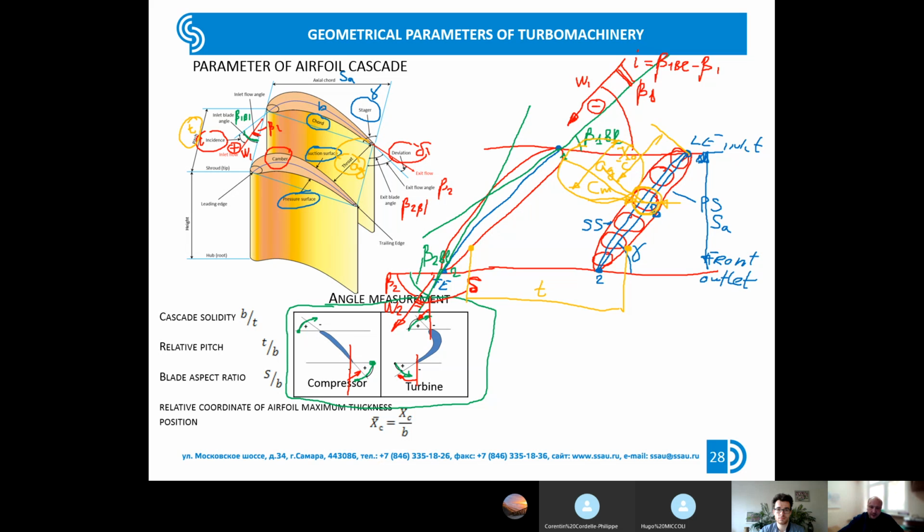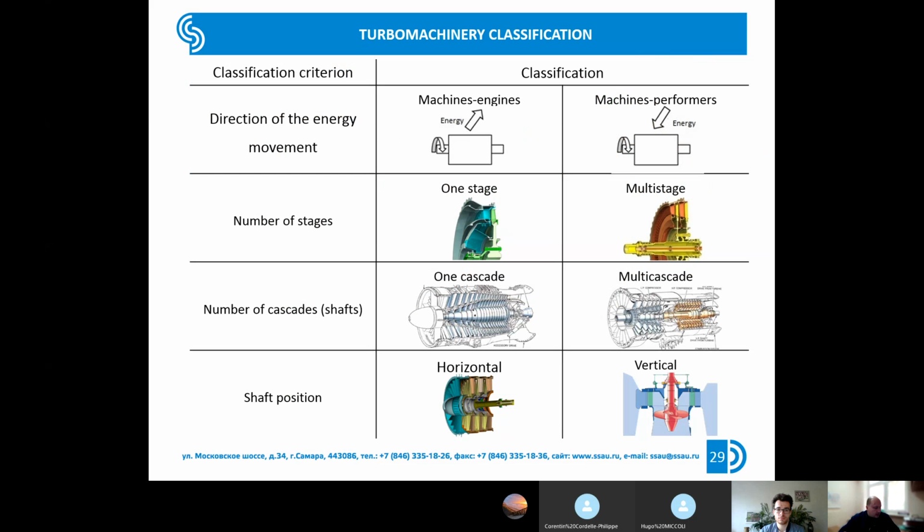Okay, let's continue. So let's speak a little bit about the classification of the turbomachinery. We could use very different approaches to classify the turbomachinery. Some of them are presented at this and at the next slide, and you will see that it's rather simple classification. So usually we have only two positions.